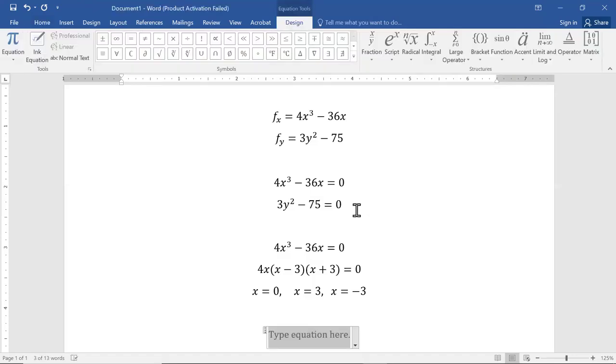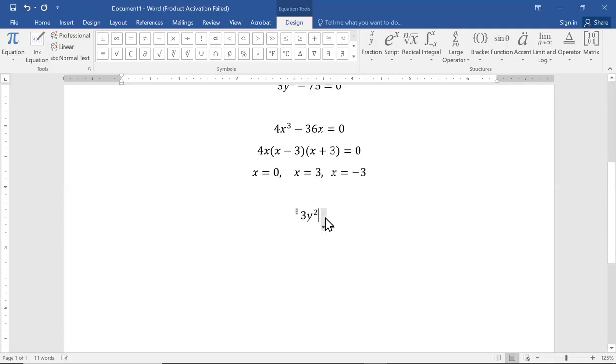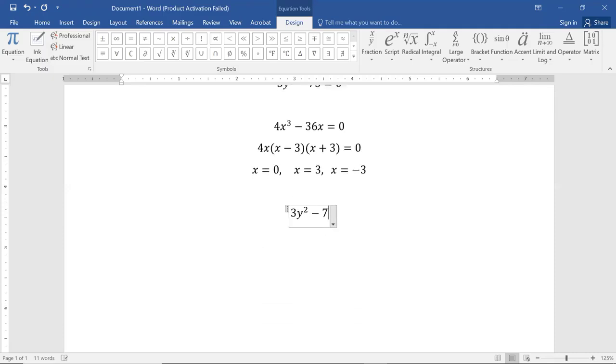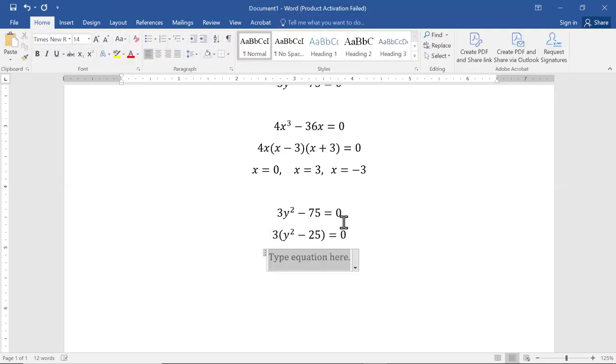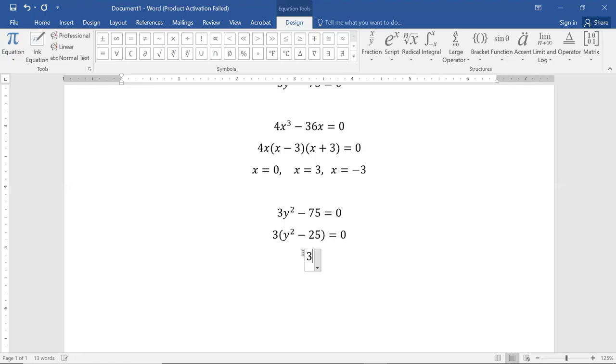Now let's look at the second equation. 3y squared minus 75 is equal to 0. First off, I'd factor out a 3. I'd get y squared minus 25 times 3 is equal to 0. Then I'd factor y squared minus 25.